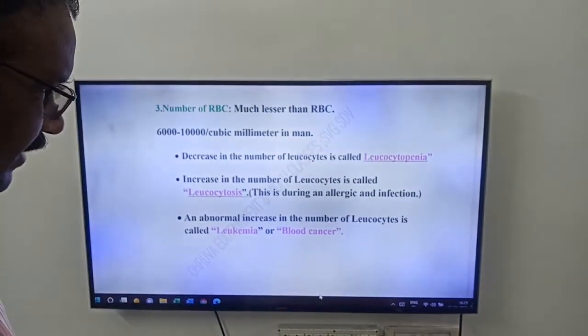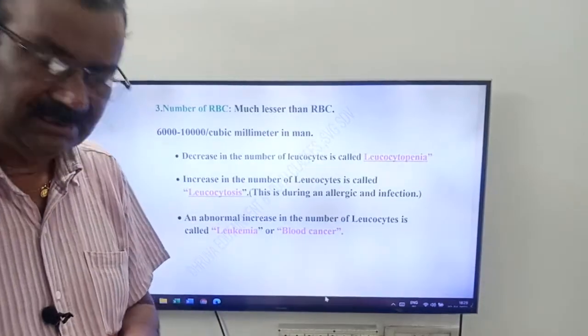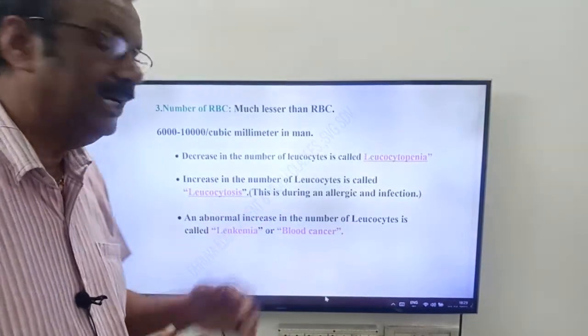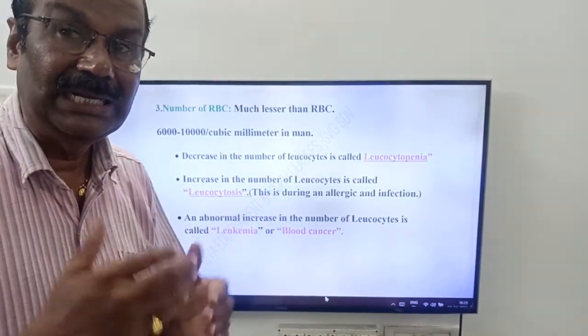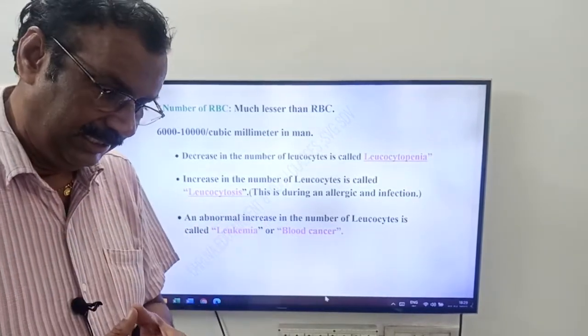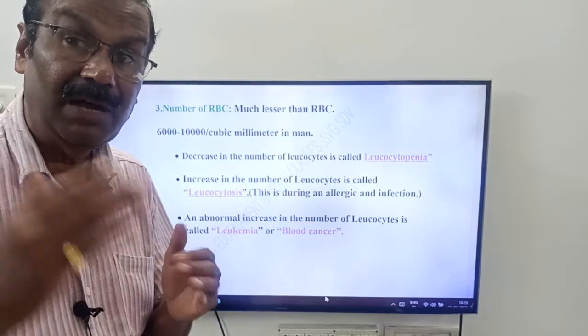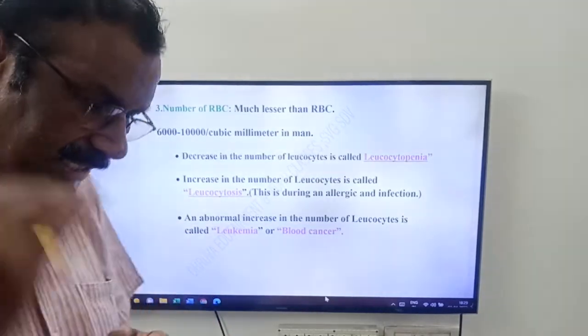Now see friends, here there is one more important point. Leukemia or blood cancer. You know what leukocytosis means? Increase in the number of the WBC. But leukemia is a condition in which abnormal increase of the WBC takes place.